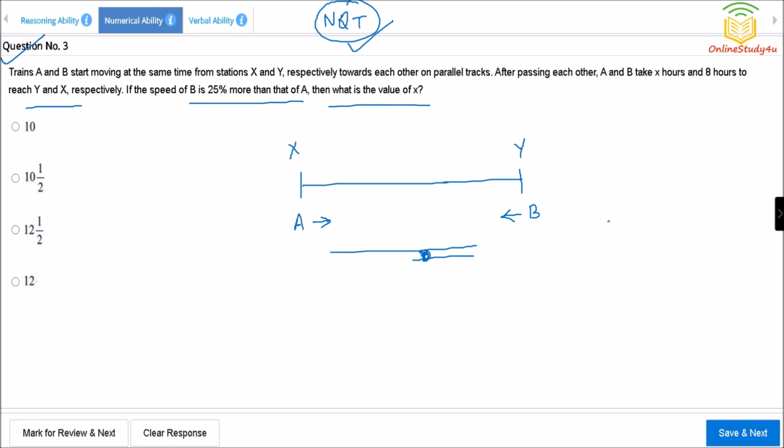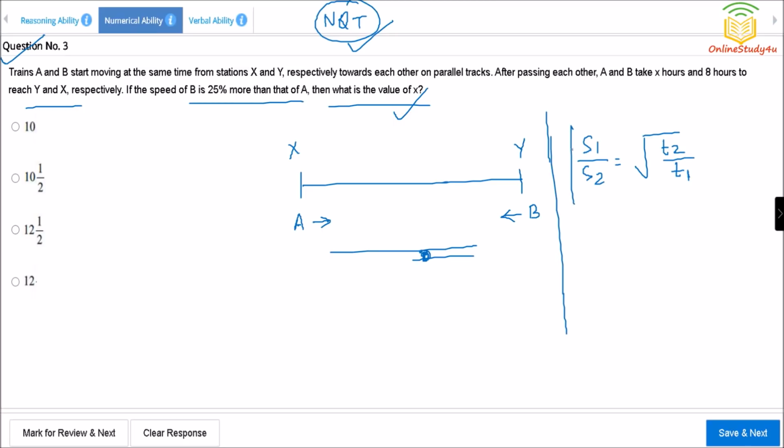So friends, for this kind of question we have a formula, and even the formula has been discussed in our TCS NQT 2021 preparation kit. So the same questions have been discussed. Now friends, your speed ratio will be nothing but the square root of the time ratio: speed 1 by speed 2 will be the square root of time 2 by time 1.